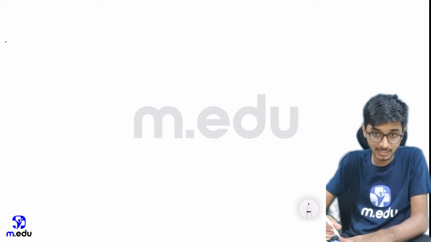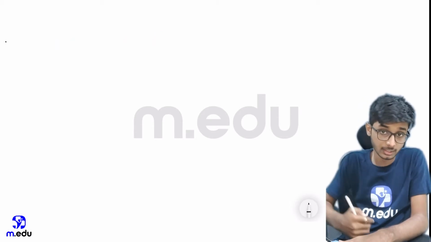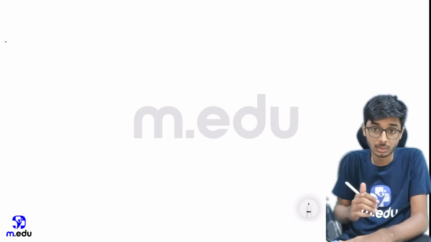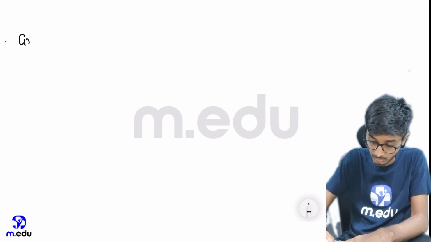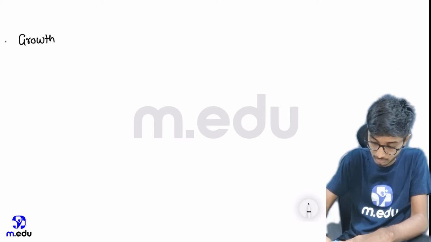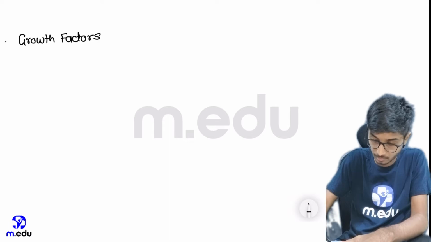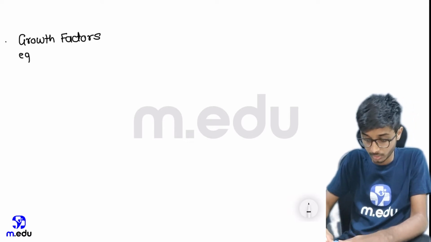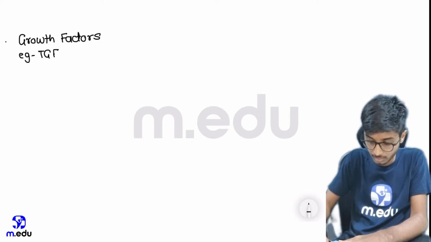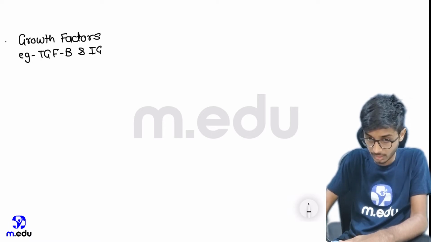Now, if we see in detail, there are three factors that are primarily responsible for hypertrophy. Number one are the growth factors. These include TGF-β and IGF-1.